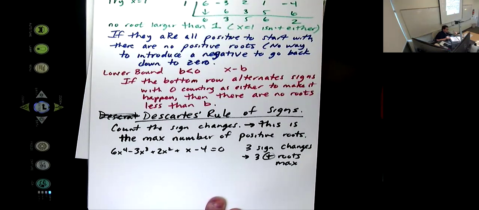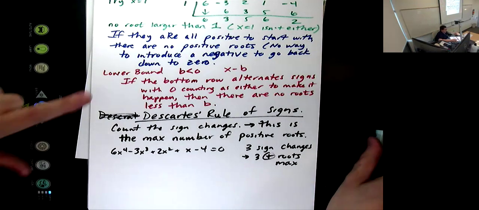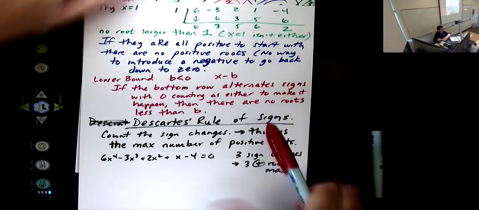A sign change being from positive to negative, positive, negative. So the coefficients change signs.